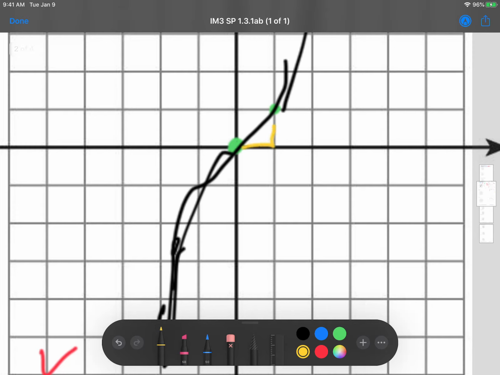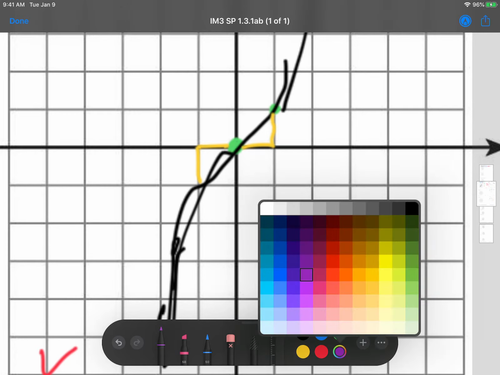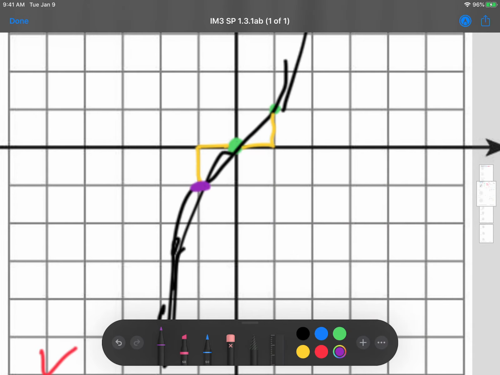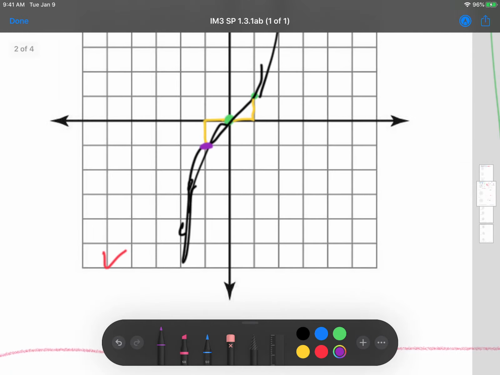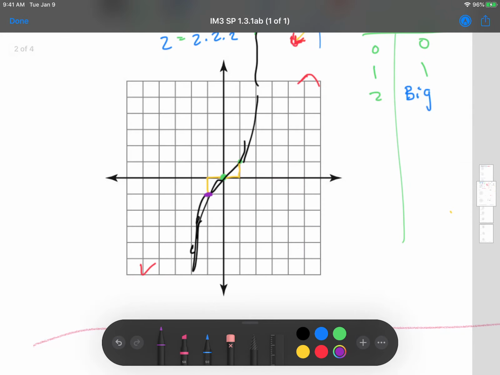Instead of going right 1, up 1, we're going left 1, down 1. So you have this point here. Let's pick a different color, purple. And then you have some number way over there. Okay? So now you actually have an accurate graph where these red arrows are. Super important, these red arrows.